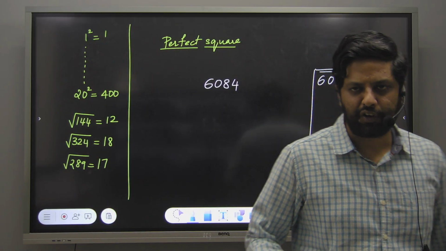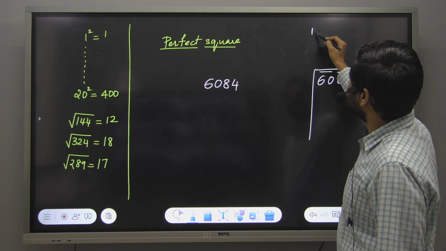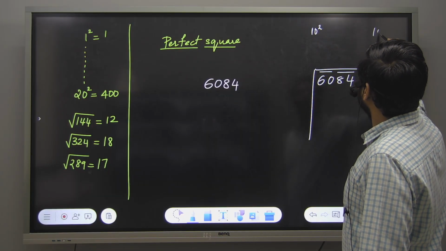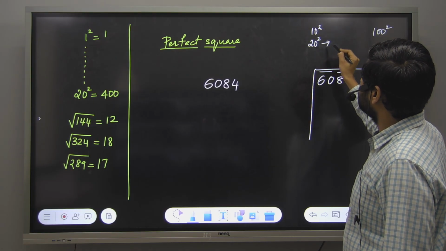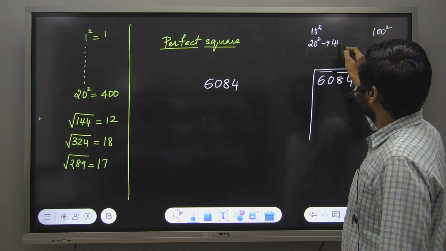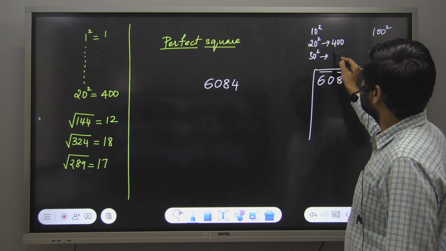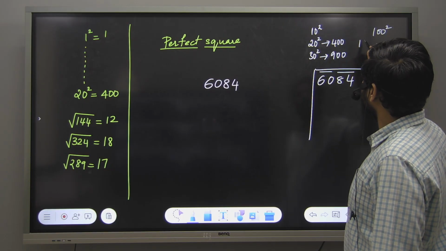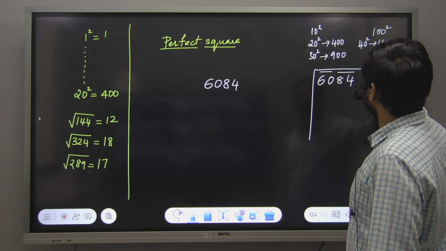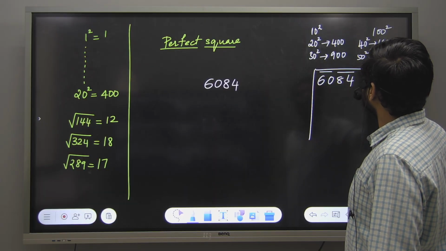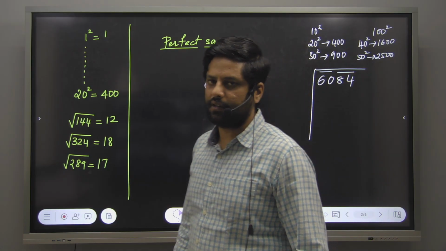I will tell you the trick now. For that, you should be very good with squares from 10 square to 100 square. How much is 20 square? 400. 30 square? 900. 40 square? 1600. 50 square? 2500.